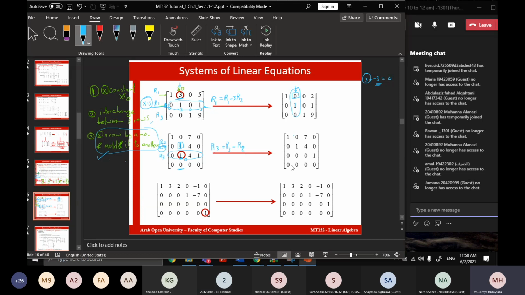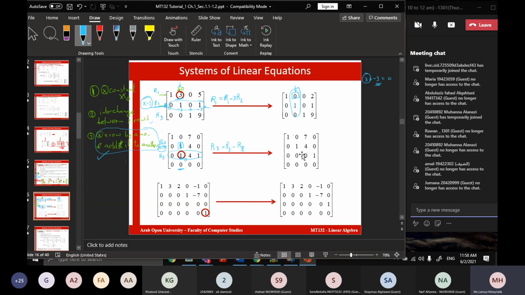So let's do it. Now I write this row as it is, that one as it is, and the last one as it is. This is the only row I want to change. Okay, let's change it. R3, which is this, minus that. So 0 minus 0 is 0. 1 minus 1 is 0.